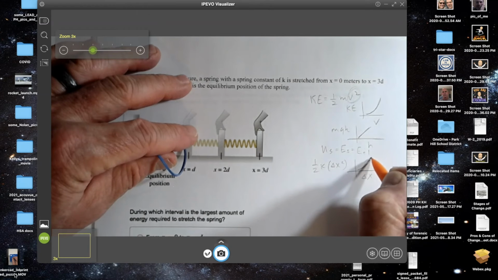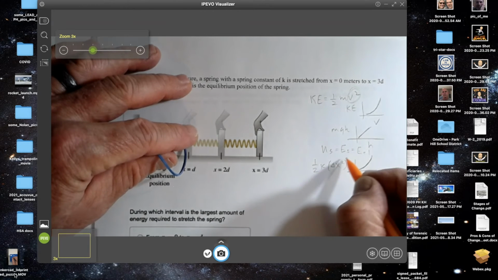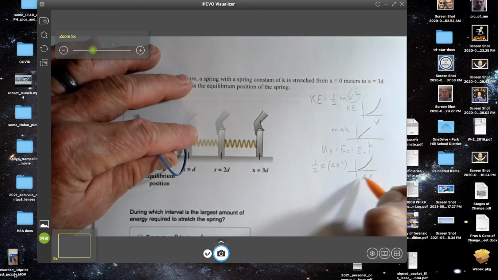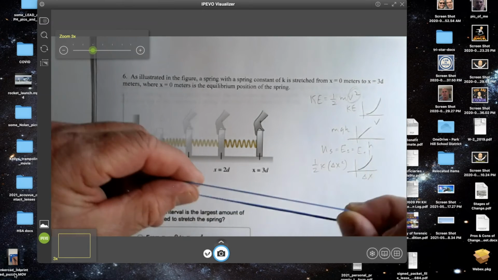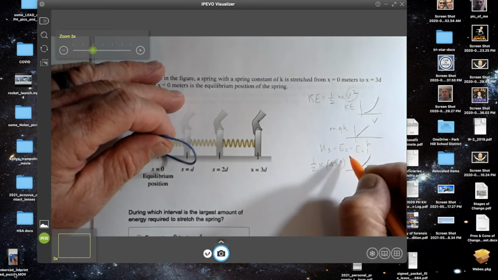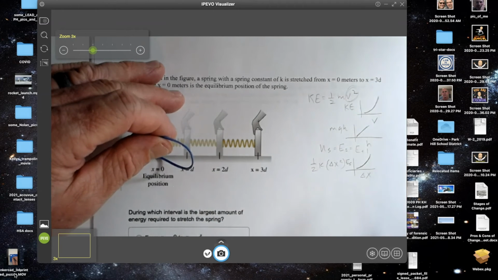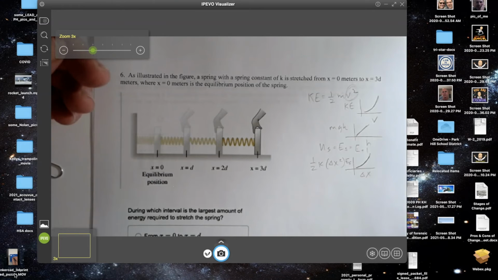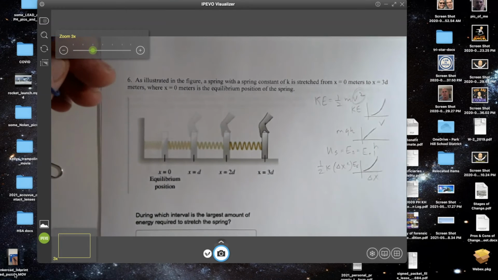So that's going to be quadratic also, if we were to graph the change in position against the spring energy on the y-axis. And that's what this problem is really dealing with.